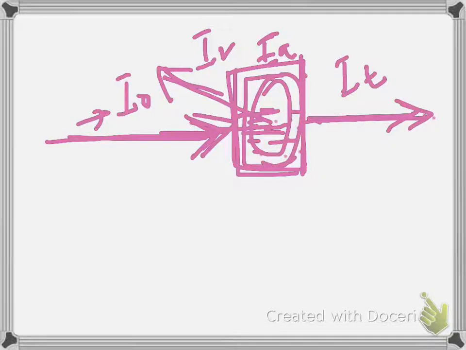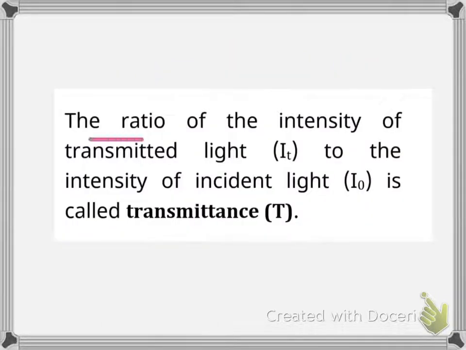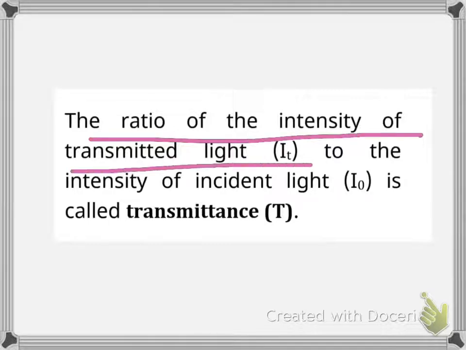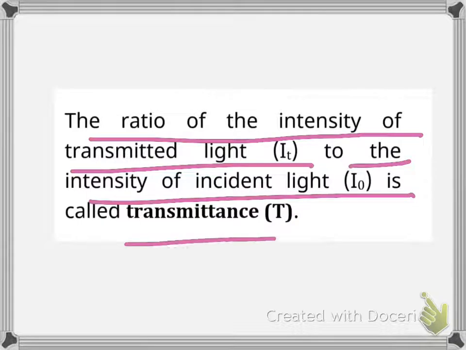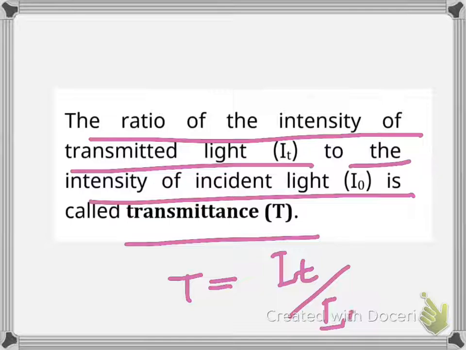The ratio of the intensity of the transmitted light IT to the intensity of the incident light I0 is called transmittance. That is, T equals IT by I0.